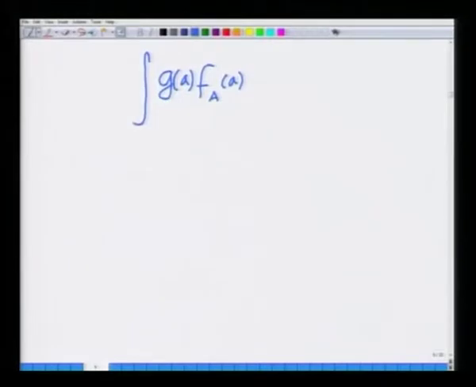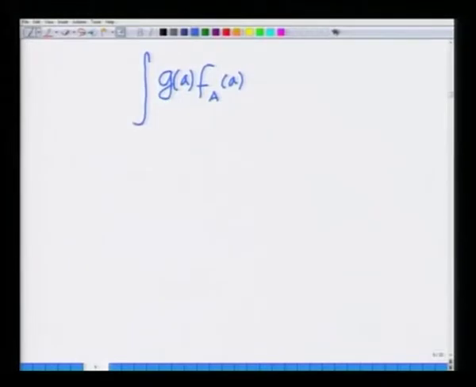Alright. For instance, for any function of a random variable, let us say I have a function g of the random variable a, the average of g is computed as g of a times f of a integrated between the limits.